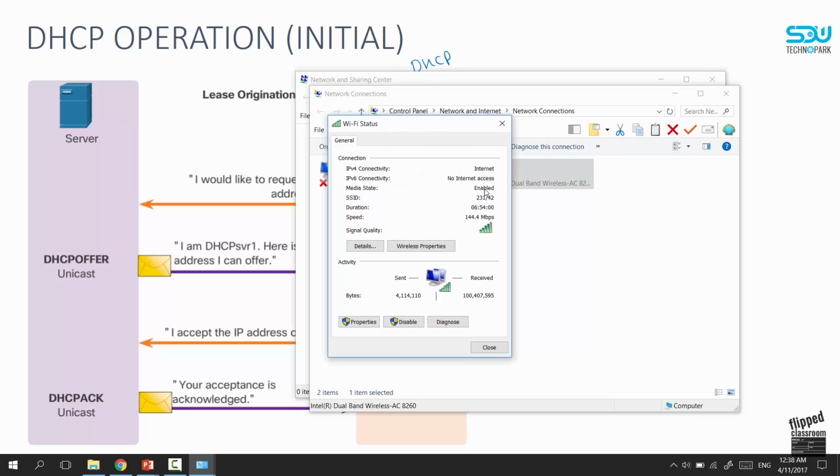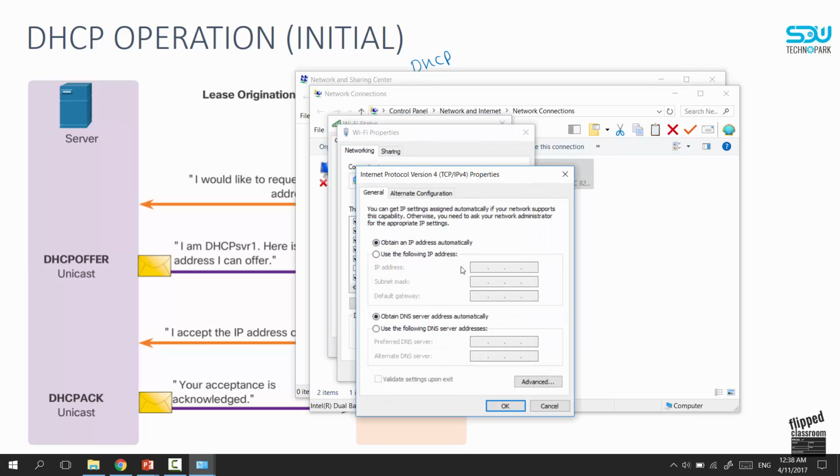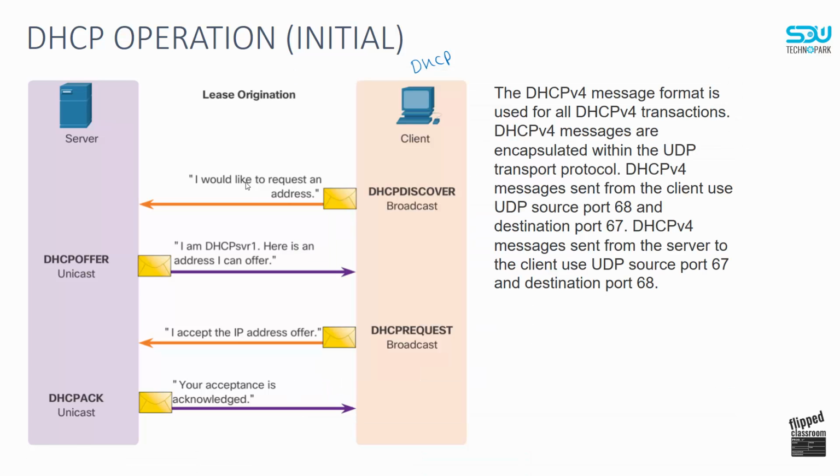For example, in my Wi-Fi connectivity, I'm just clicking to obtain IP address automatically. And then my computer has to find the DHCP server. But the problem is that my computer doesn't have an IP address. So without an IP address, my computer is not able to contact the DHCP server directly.